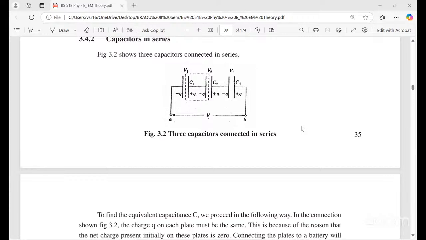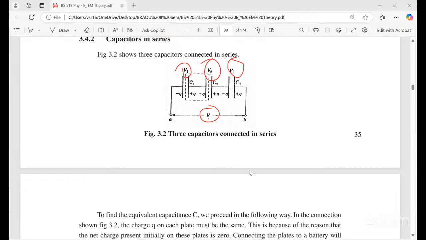But one plate of the first capacitor is connected to terminal A and the last plate of the last capacitor is connected to terminal B. So in series, the potential difference across each capacitor changes, whereas in parallel the potential difference remains the same.